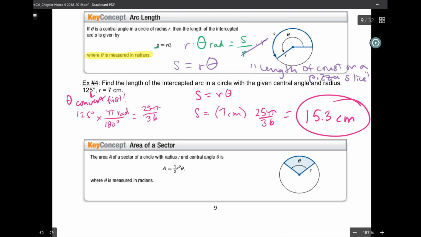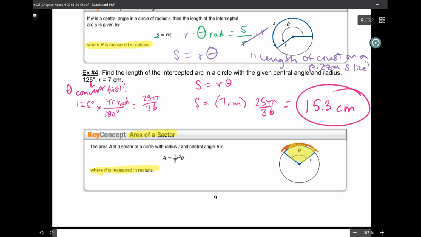Cool. We found how to measure the length of this, but now we want to measure the area. The area of a sector is 1/2 radius squared times the angle. And how do we get that? Keep in mind, this theta is measured in radians.